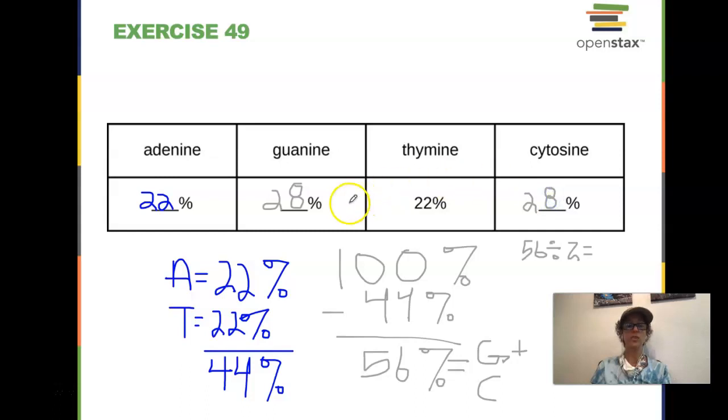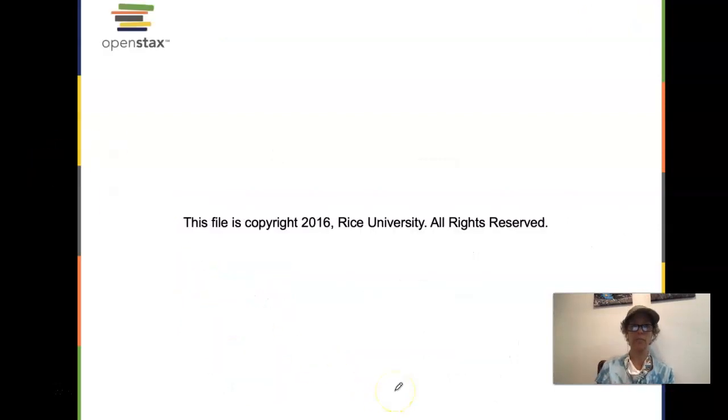So given the percentage of any one nucleotide, you can determine the percentage for the other 3. That is our overview of the structure of DNA and RNA. We will get into the function of DNA and RNA in our genetics chapters later on.